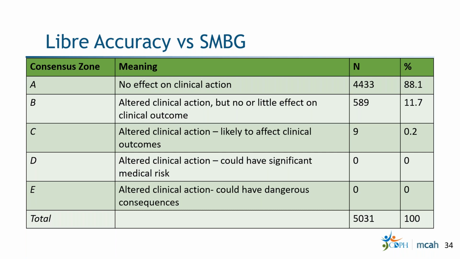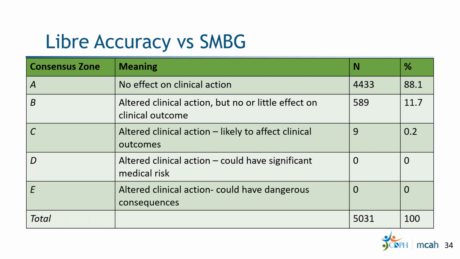Now, zone B means that there could be altered clinical action, but there's not expected to be any effect on the clinical outcome. An example I like to think of is if a woman has a correction dose, and she checks her glucose and sees that it is, let's say, 150, but actually, if she were to do a finger stick, it's 170, and she's going to give herself a correction dose.